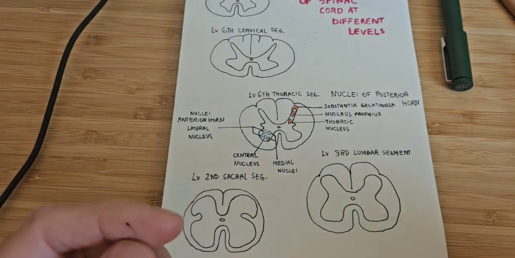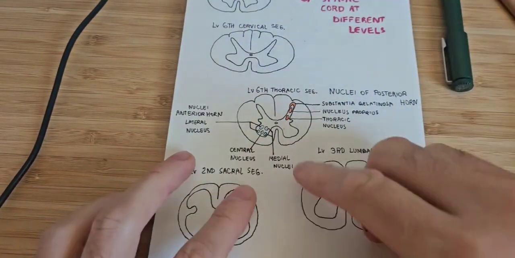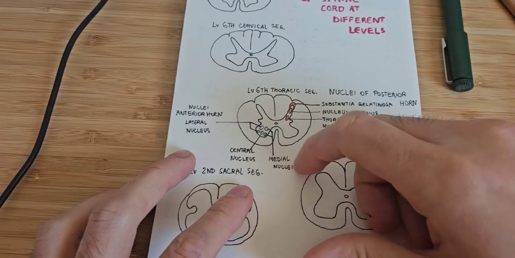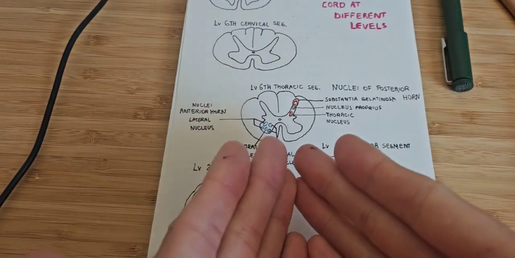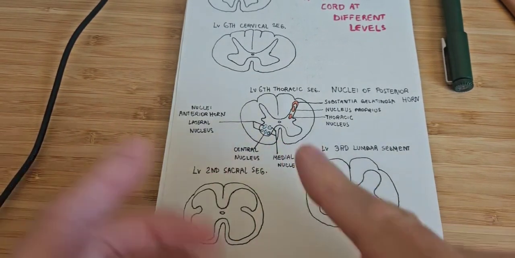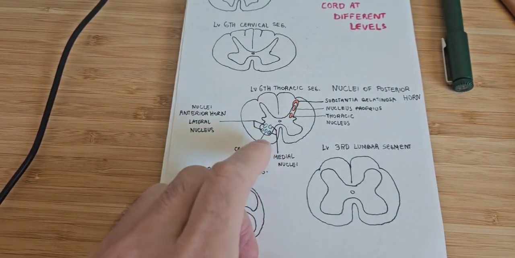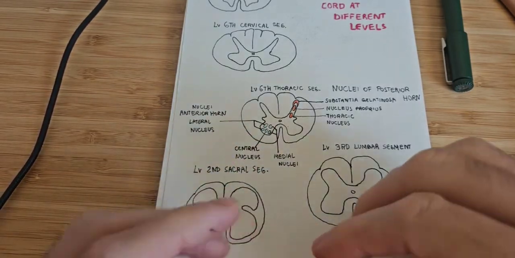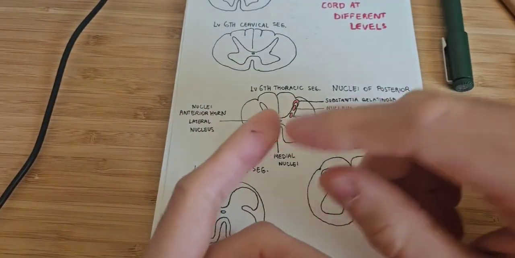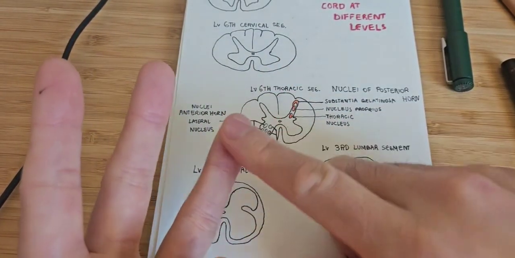And then we have the medial nuclei, which is this one. As the name says, it is located in the medial aspect of the anterior horn. These nuclei contain motor neurons that innervate the muscles of the trunk in general, including those involved with posture, movement, and the stabilization of the torso.